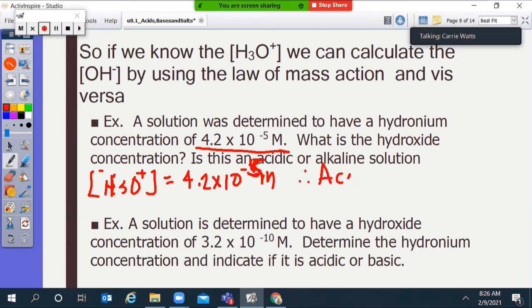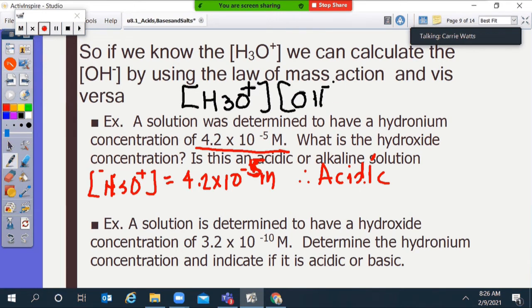Now before we do that, I'm going to look at that concentration of hydronium, and I see that 4.2 times 10 to the negative 5th is greater than 1 times 10 to the negative 7th, therefore it's acidic. Now I'm going to use the law of mass action, H3O plus times OH negative equals 1 times 10 to the negative 14th, to solve for OH, since I know the concentration of hydronium.